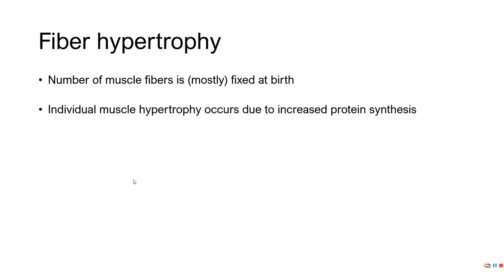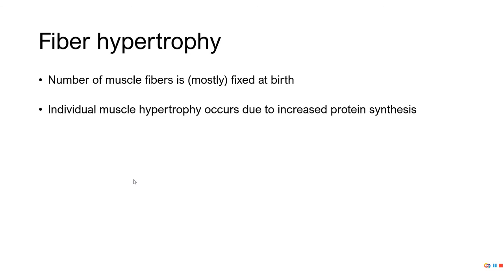Fiber hypertrophy is the one that we experience usually, and perhaps all the time. For the most part, it appears that the number of muscle fibers a person is born with is fixed at birth. Once you're born, you've got X number of muscle fibers, and that's how many you'll have. You most likely won't increase it, but I guess you could decrease it. When you go through training, you have this individual hypertrophy, so each of these muscle fibers can get bigger because of protein synthesis.